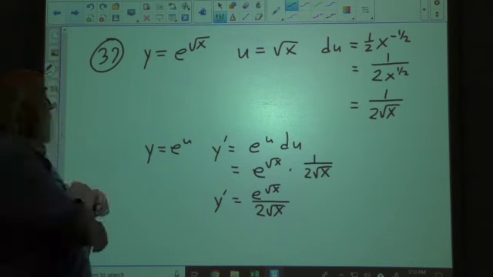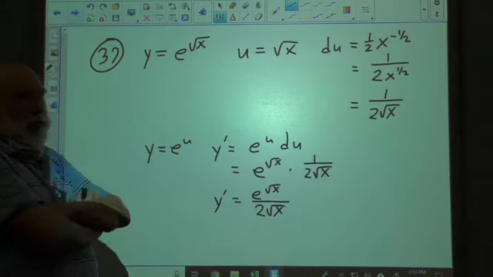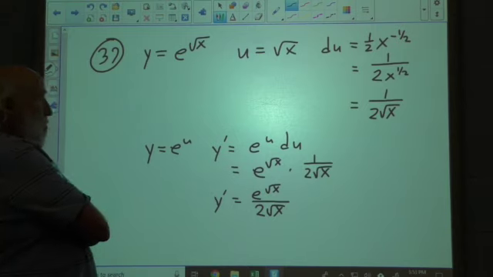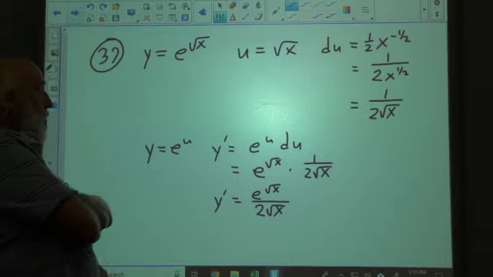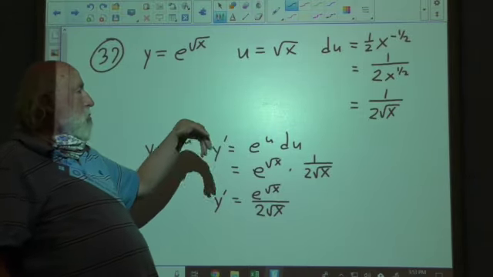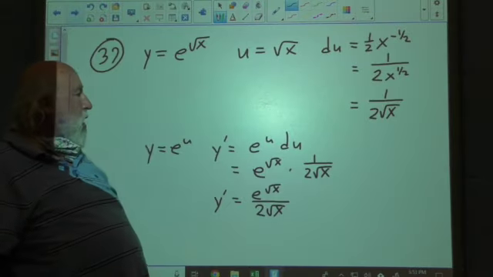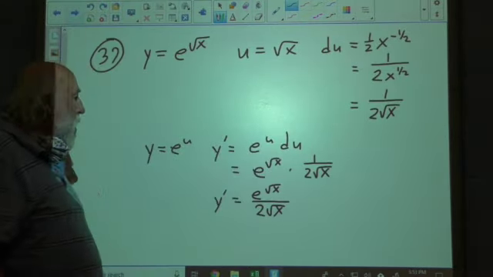Alright? Number 37, same kind of deal, only now our u is going to be the square root of x. The derivative of that, well, you think of this as x to the 1/2 power, so the 1/2 goes in front, we subtract 1 from 1/2, we get negative 1/2, and that eventually gives us 1 over 2 square root of x.